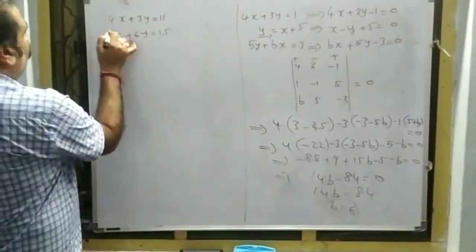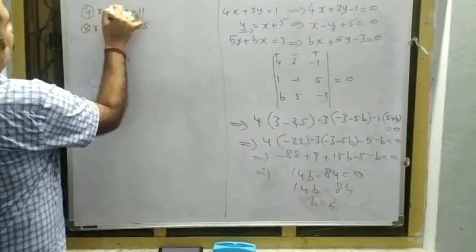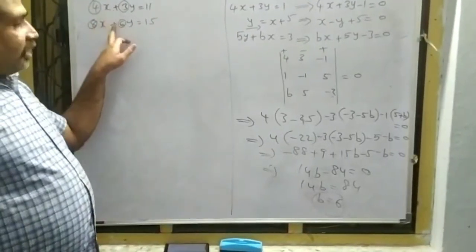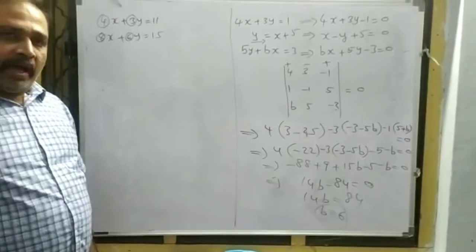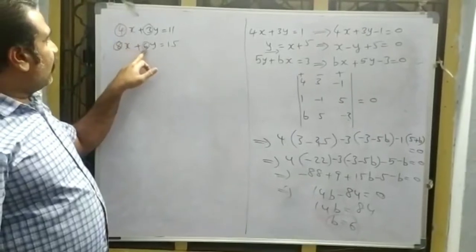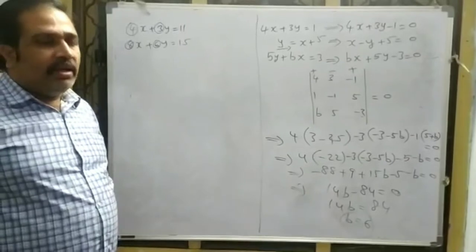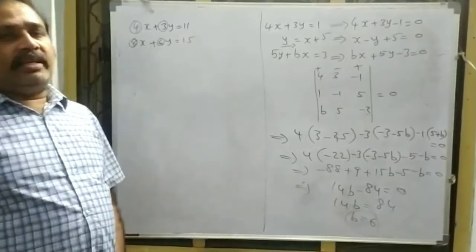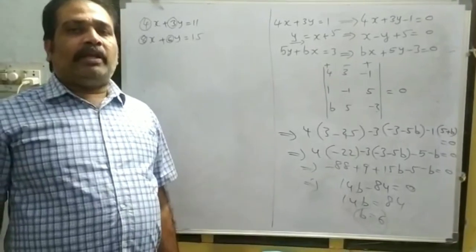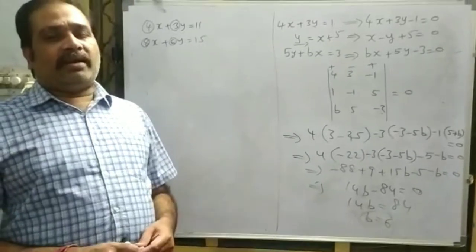The x coefficient and y coefficient in both equations we can make the same, because ax plus by plus c1 equal to 0 and ax plus by plus c2 equal to 0. Then only these two lines are said to be parallel.